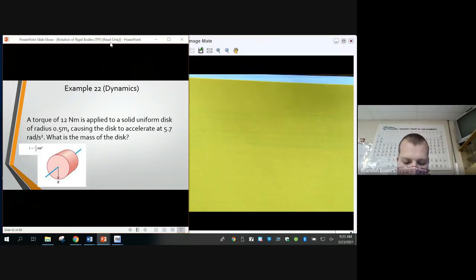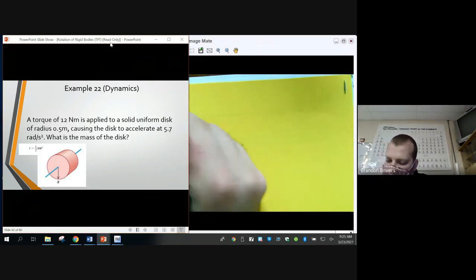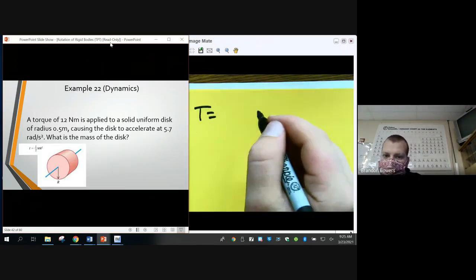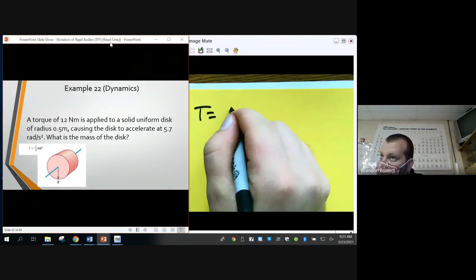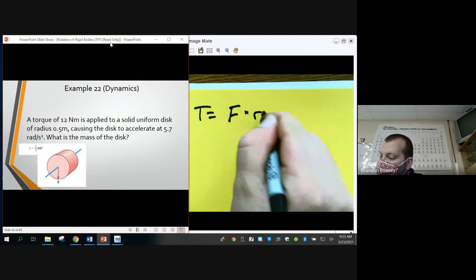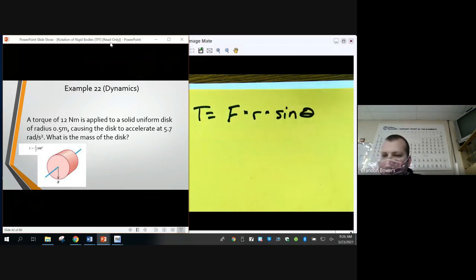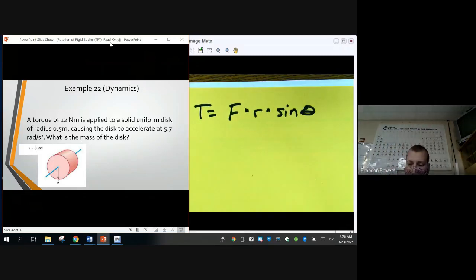Okay, so I know my torque equation: length times something, sine of theta. There we go. Force times radius times sine of theta.